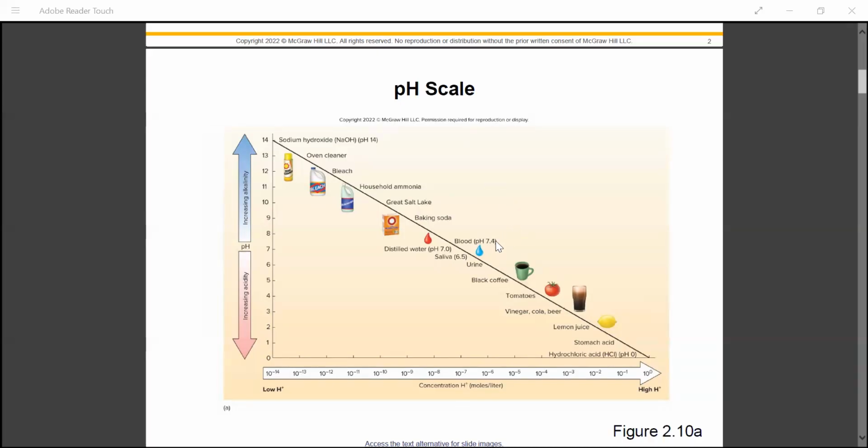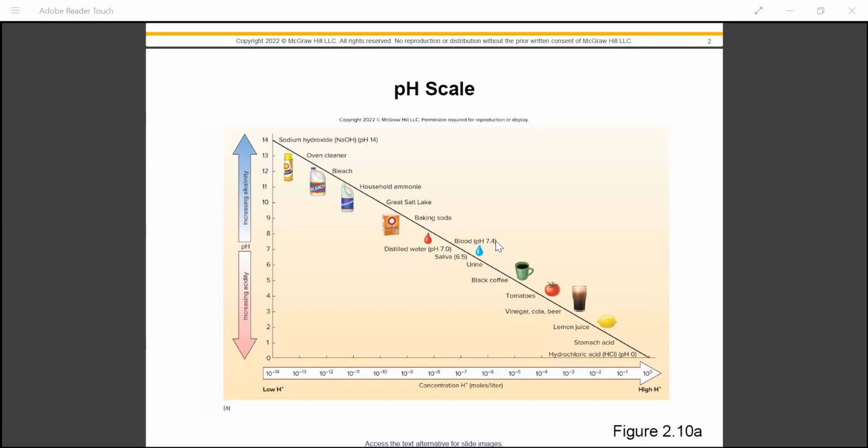So 7.4 would be our set point, and our normal range for the most part is going to be about 7.35 to 7.45. We want to stay as close to 7.4 as possible, but all our functions are going to be relatively normal as long as we stay within that 7.35 to 7.45 range.